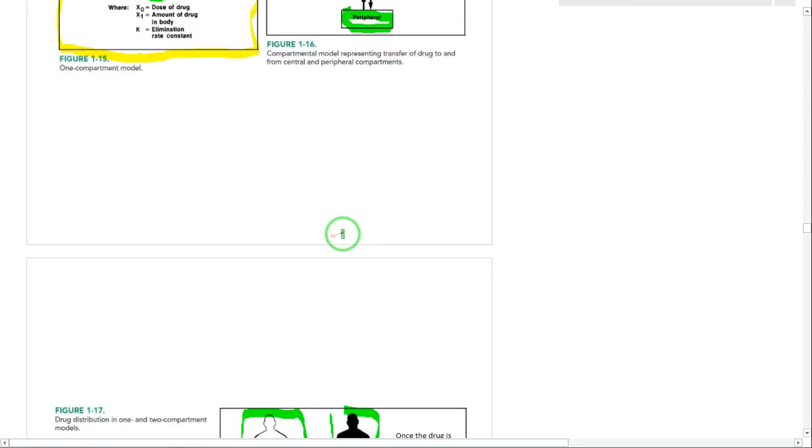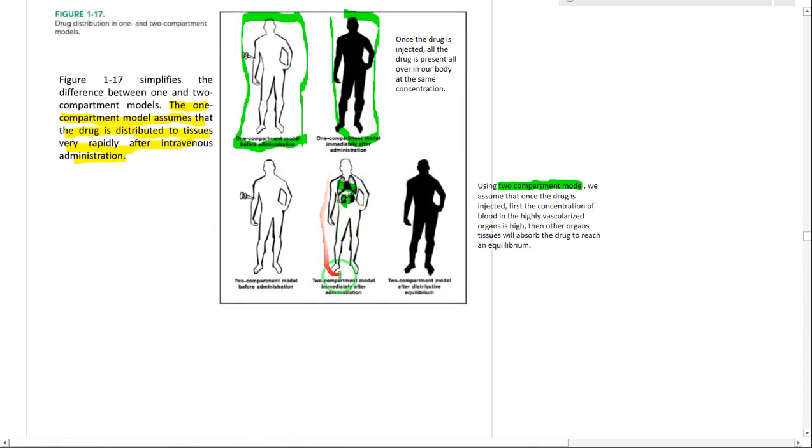Okay, so first the concentration of the drug within these organs is going to be increased, and by the passage of time the whole amount of drug is going to be distributed the same all over the body. I can say that the drug will reach an equilibrium.